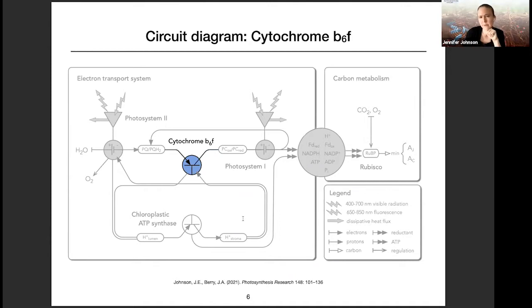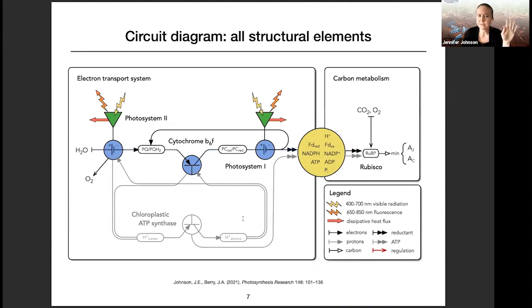So in the model, we've represented both the electron transport system and carbon metabolism in terms of the components of the photosynthetic system that can be rate limiting or rate controlling during steady state photosynthesis. In this framework, the electron transport processes interact with carbon metabolism through the energy supply and demand.